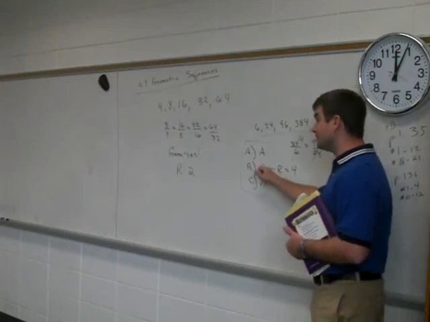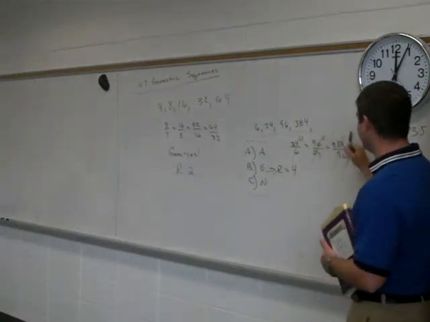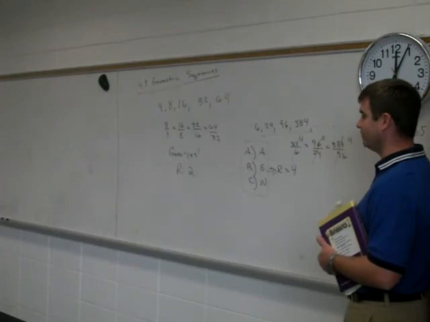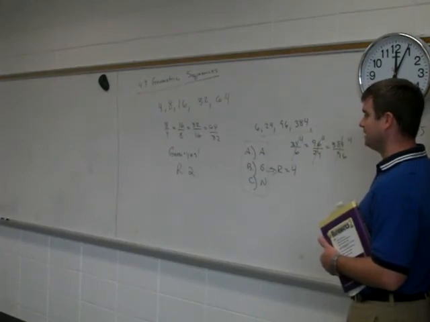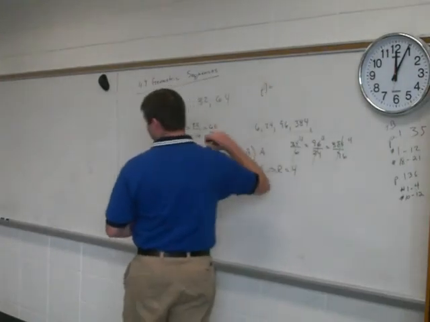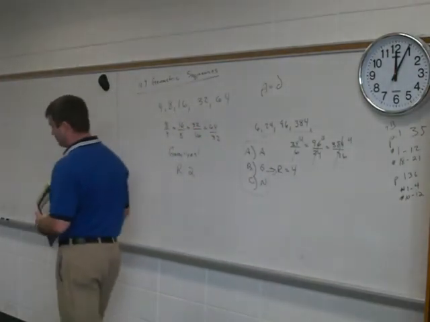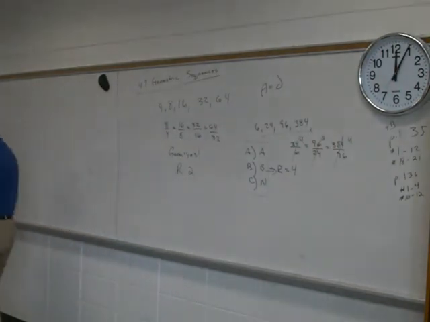If it's geometric, then you need to be able to tell me what the ratio is, and the ratio in this case was positive 4. Okay, does that make sense? If it's arithmetic, what are you going to have to tell me? You're going to have to tell me the D. I don't know how we're going to figure that out on CPS, but you need to be able to tell me that. Don't have to do it on CPS.